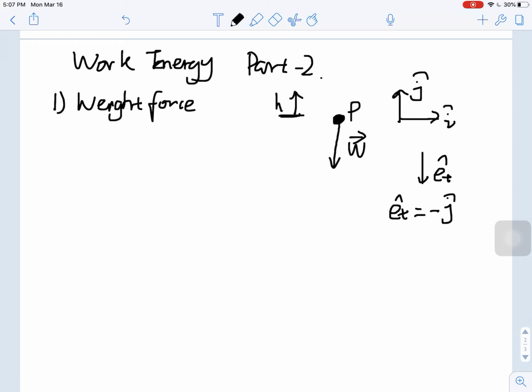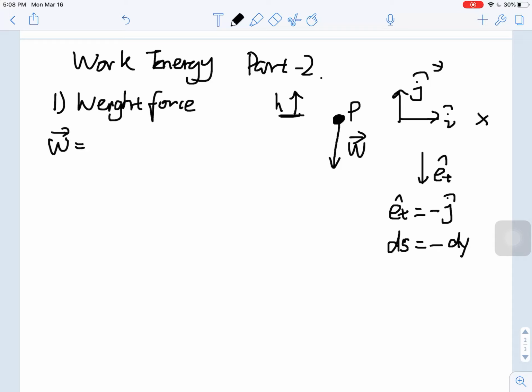And the displacement in the e_t hat direction, which is the distance the particle falls, ds, equals negative dy. With this, let's write down the weight force W.